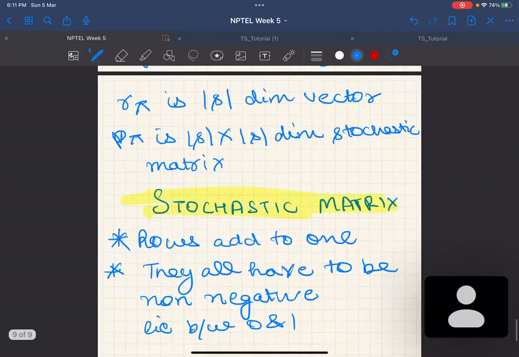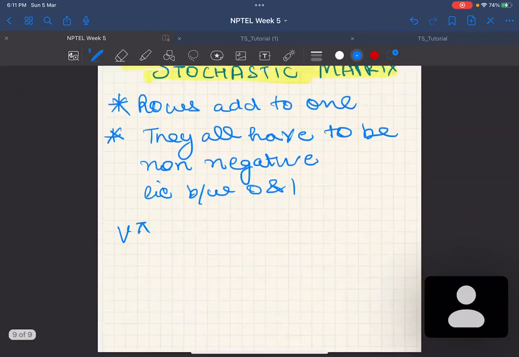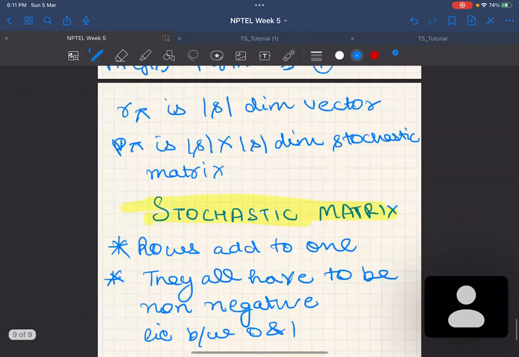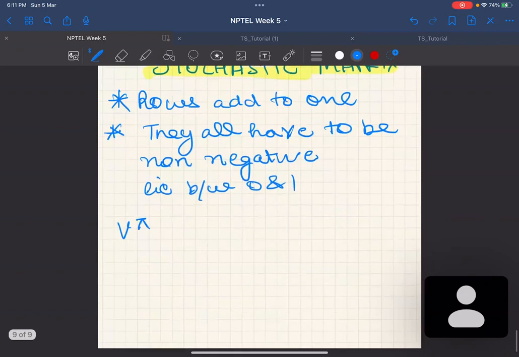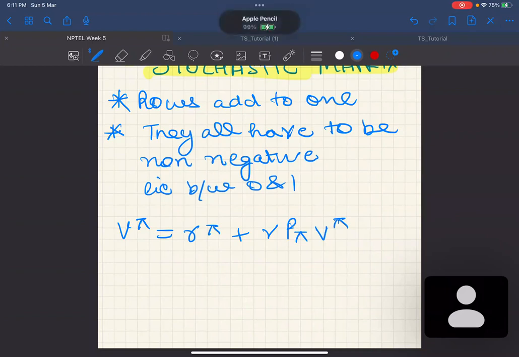Now coming to V pi. Can you tell me by seeing this equation, what is it? I'll explain it to you, don't worry.